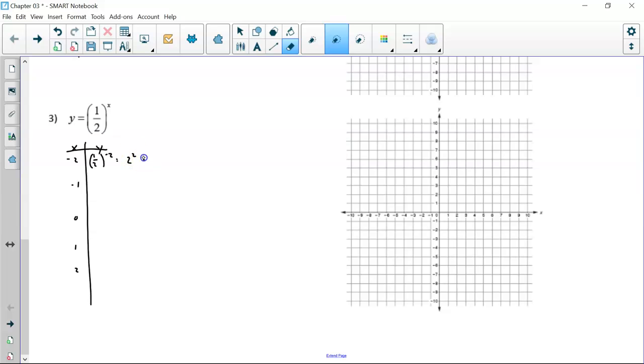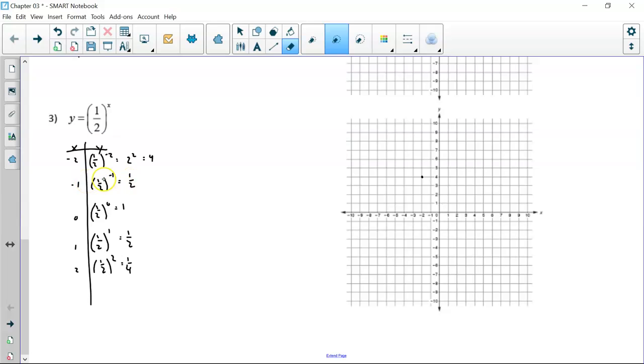So it's 2 squared, which is 4. 1/2 to the negative first is 2. 1/2 to the 0 is 1. 1/2 to the first is 1/2. And 1/2 squared is 1/4.